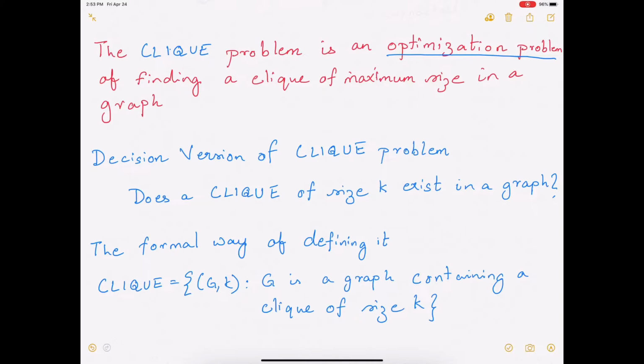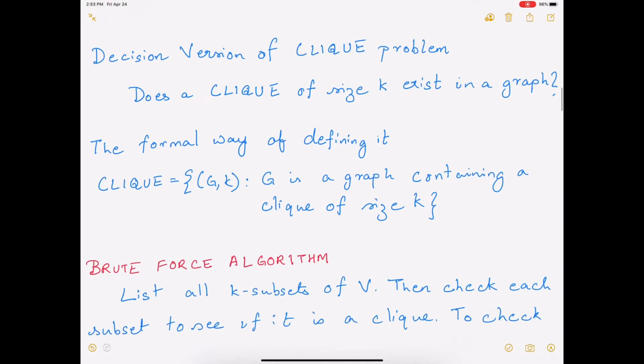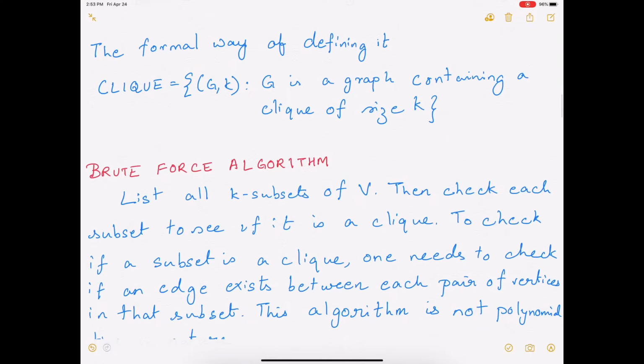And we want to show that clique is NP-complete. So we looked at the two versions, and to show that clique is NP-complete, first we have to show that the decision version of the clique problem lies in NP, and we have to reduce 3-CNF SAT to clique. Okay, so let's go about proving that clique is NP-complete.